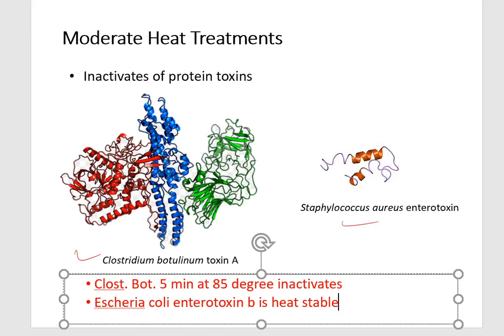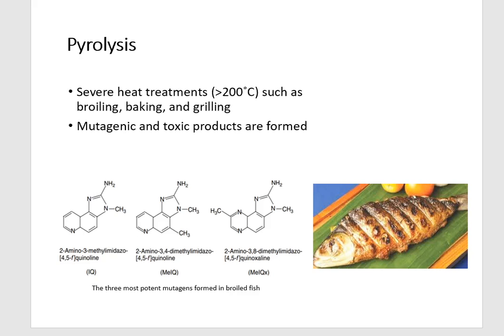So let's see what happens when we process at high temperature. So pyrolysis. Proteins undergo several chemical changes when processed at high temperature. Most of these chemical changes are irreversible.